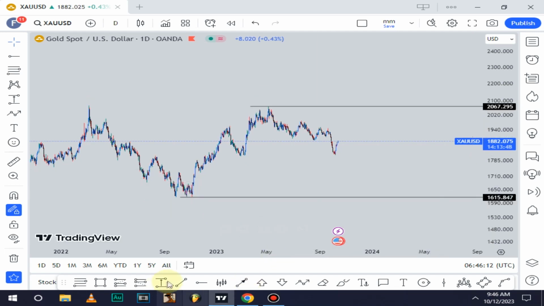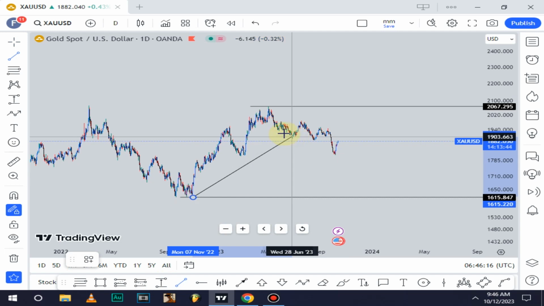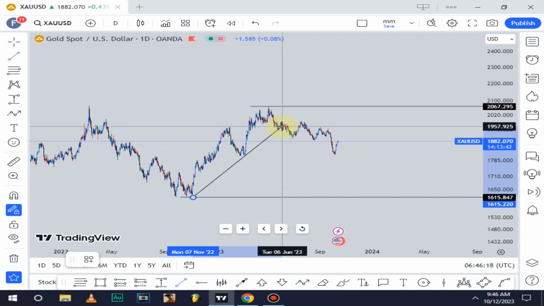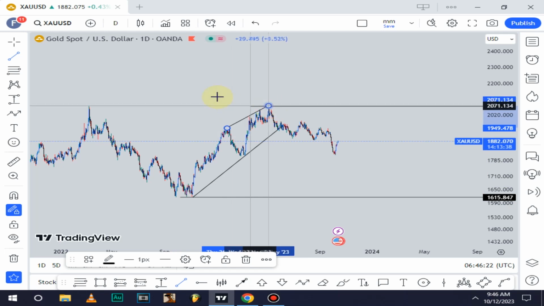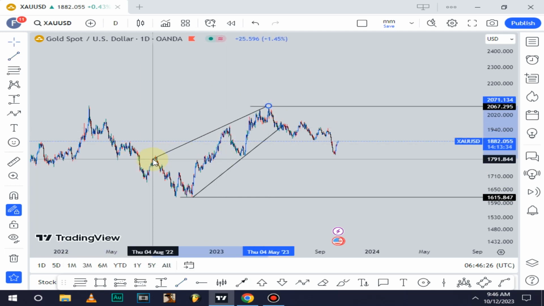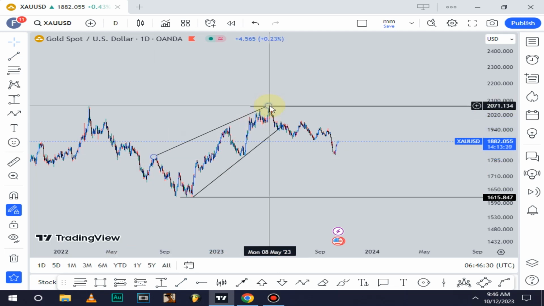So we can try to draw a trend line over here, make that, okay, then do this also, make this clean.